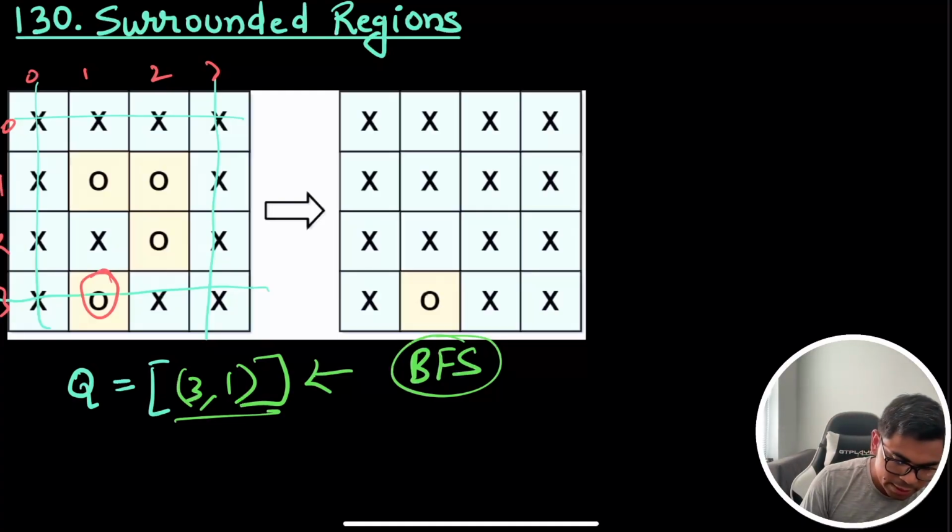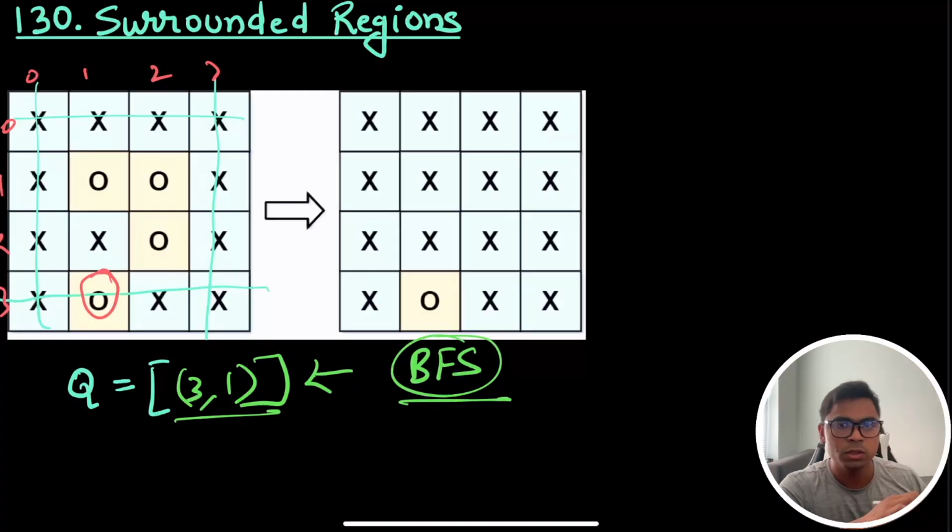So this BFS will go through all the neighboring cells. Of course, they have to be four directionally, and we check that we're not going out of bounds. If we find those O's, then we will put them into my visit set and also append them to my queue.